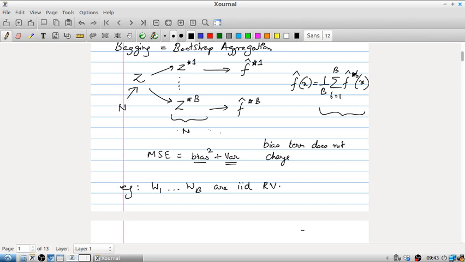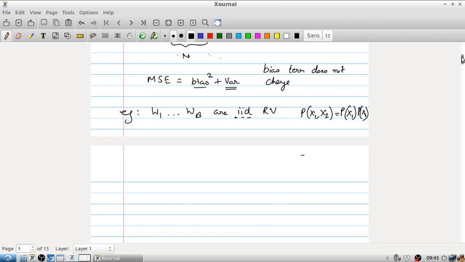IID: independent just means that the probability of x1, x2 splits into the probability of x1 times the probability of x2, and identically distributed just means they have the same distribution function, density function or PMF, whatever type of random variable it is.